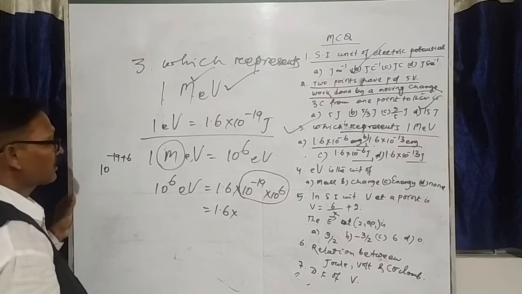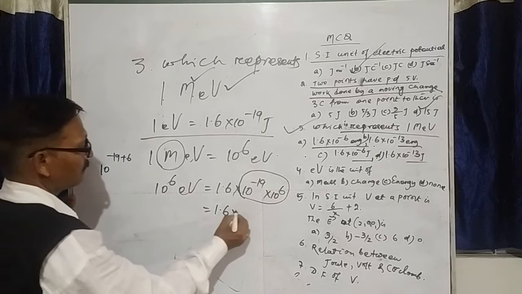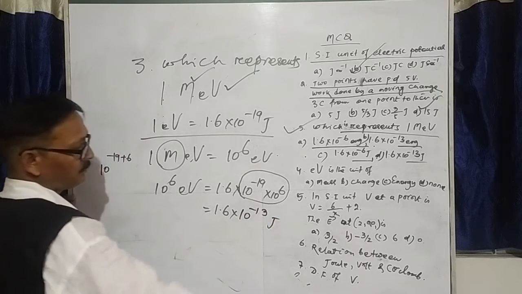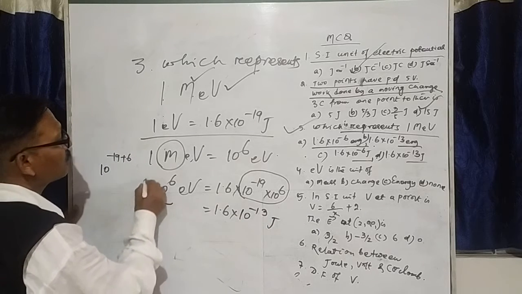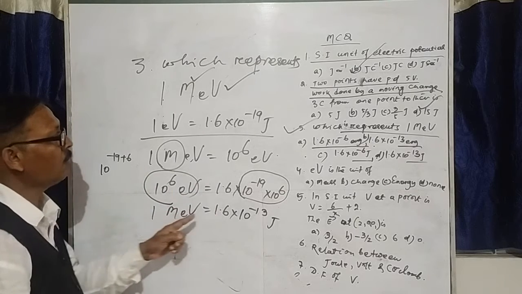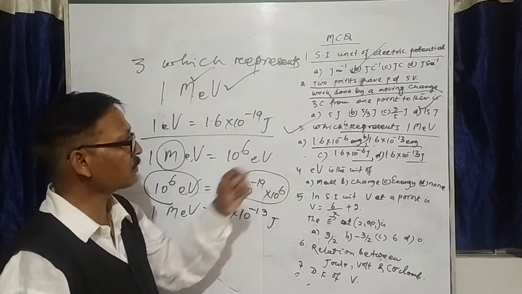The base is 10, so you add your powers: minus 19 plus 6 is minus 13. So 1 mega electron volt is equal to 1.6 into 10 to the power minus 13 joule.